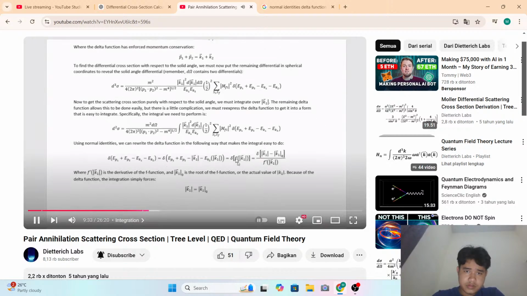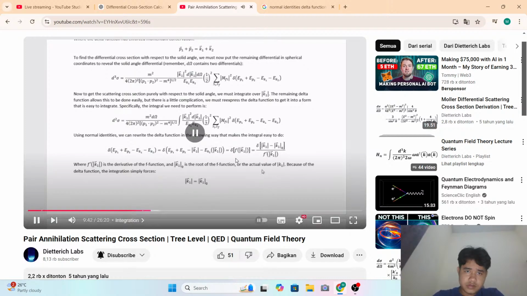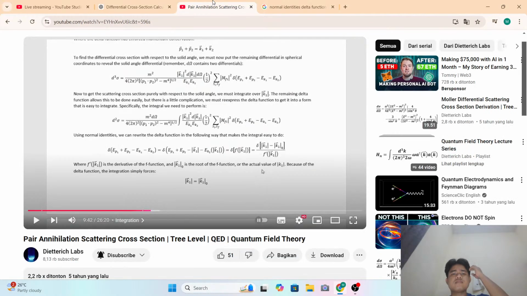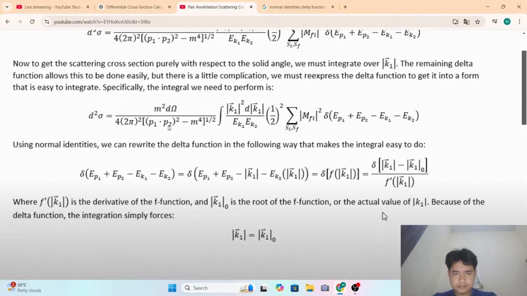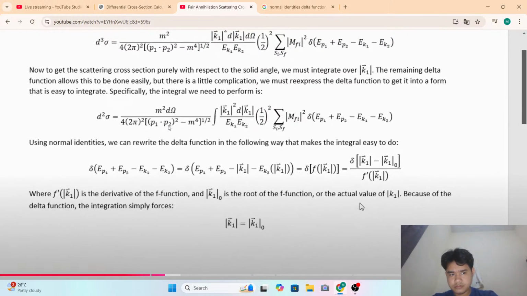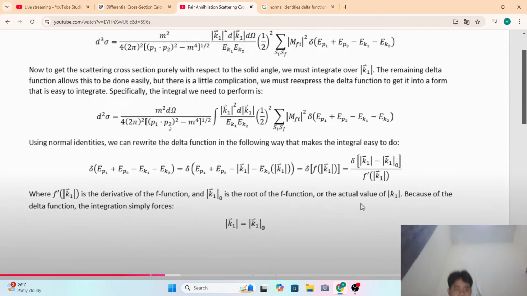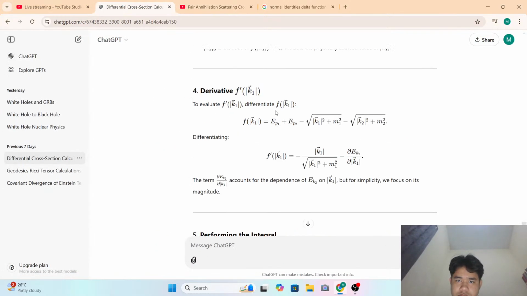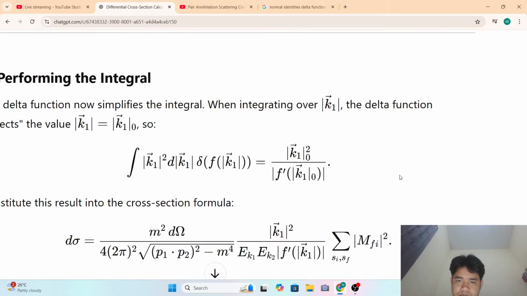Identities, we can rewrite this argument of the delta function, which I've called the f function. Oh, okay. How did this come into being?